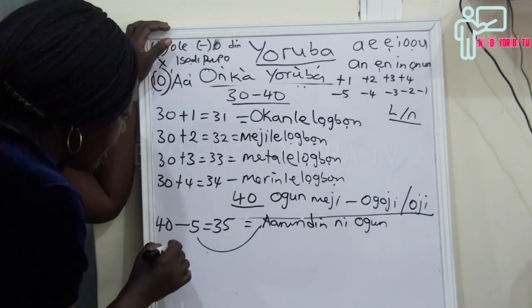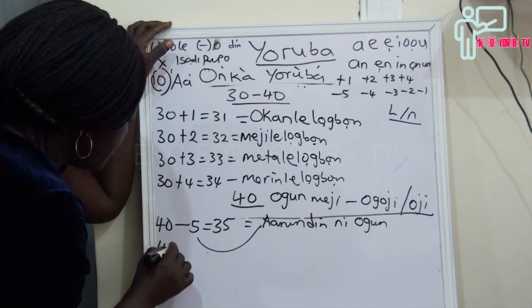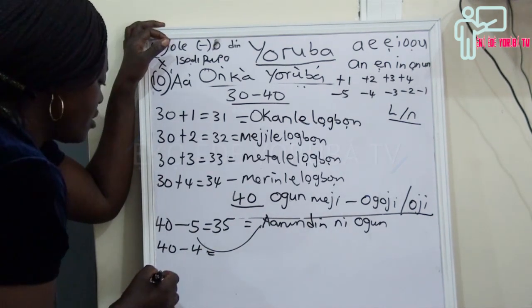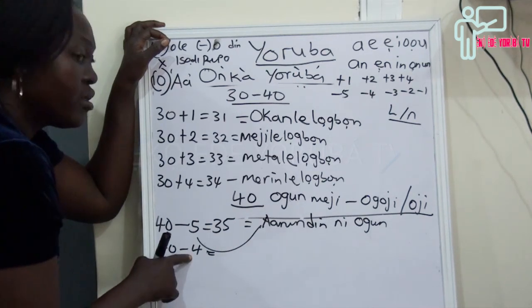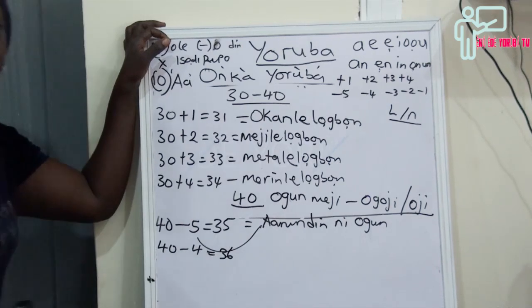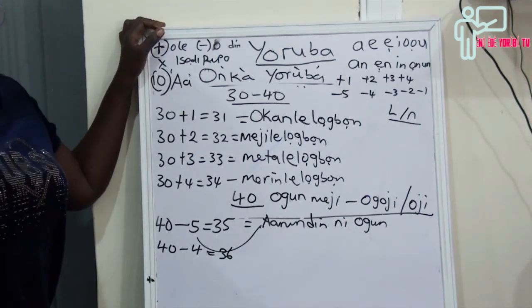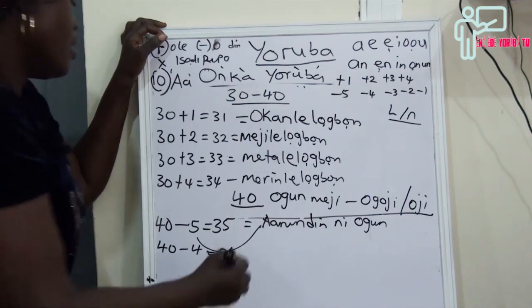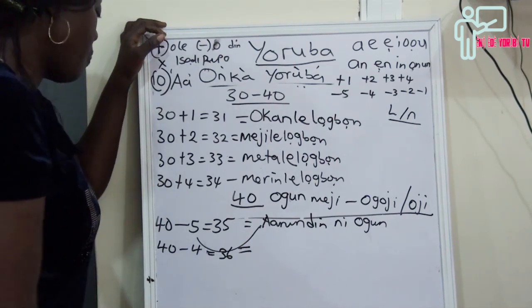So this one now will be 40 minus 4, which is 36.